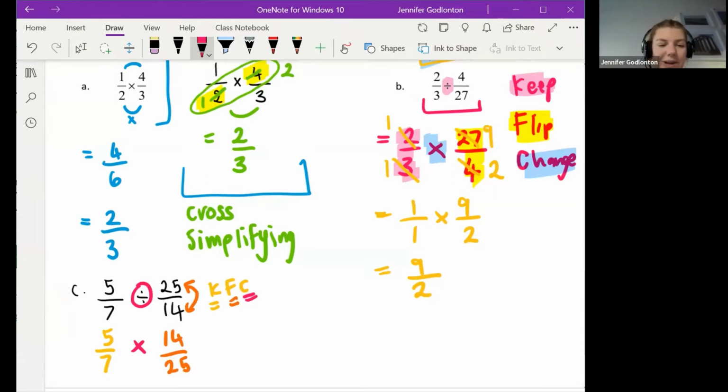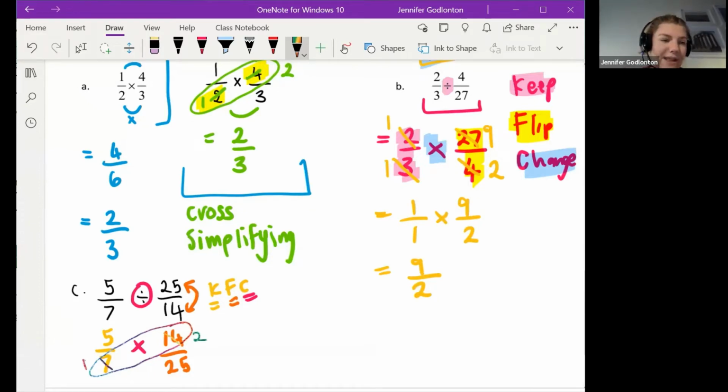Okay, so now we're left with 5 over 7 times 14 over 25. When we get to this point, then we're going to say, is there a way for us to cross simplify? So if I look at these two, 7 and 14, is there a number that can go into both of those numbers? And I know that 7 can go into itself once, and 7 can go into 14 2 times.